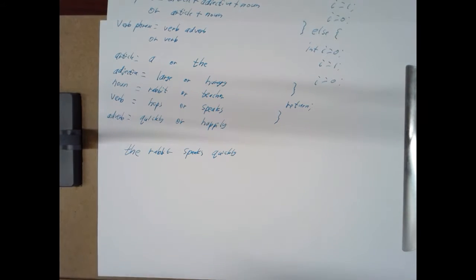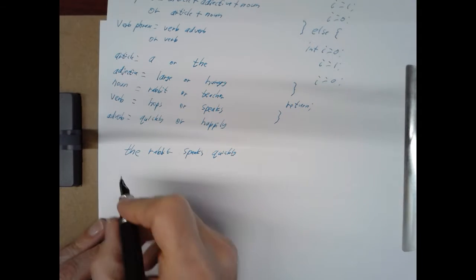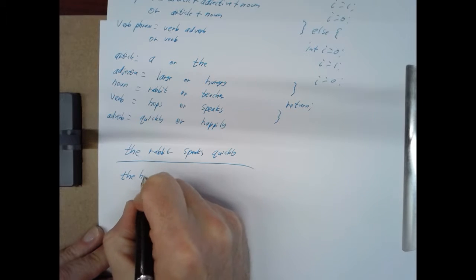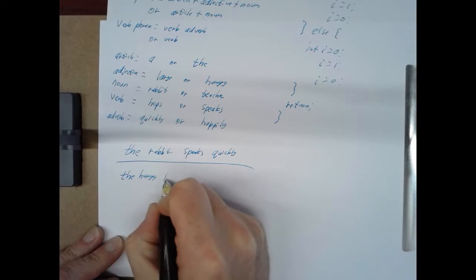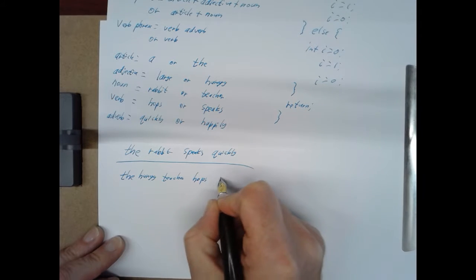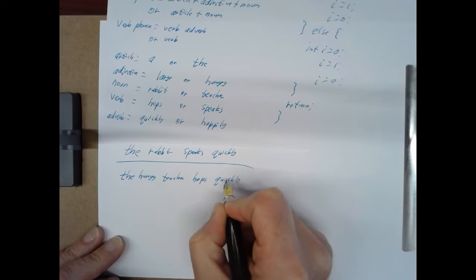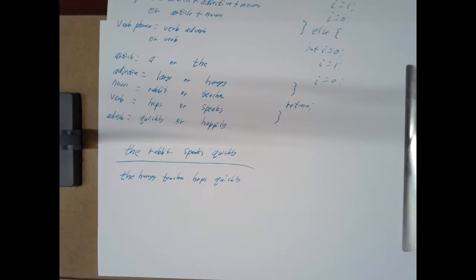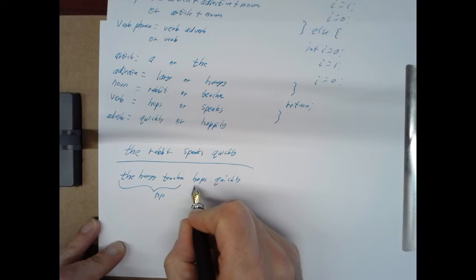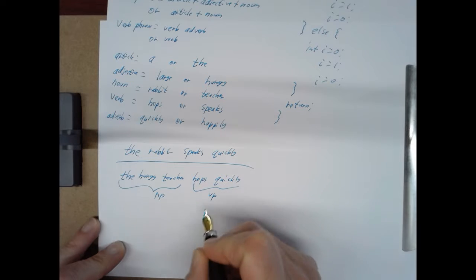All right, we can also identify something as being a sentence. So we could take a sentence like, the hungry teacher hops quickly. And we can say, is this a sentence? Well, if it's going to be a sentence, there has to be a noun phrase followed by a verb phrase. And through some trial and error, we could eventually discover that this is probably a noun phrase, and this is probably a verb phrase.